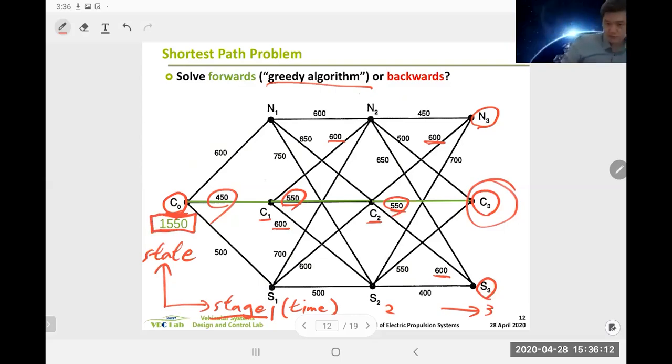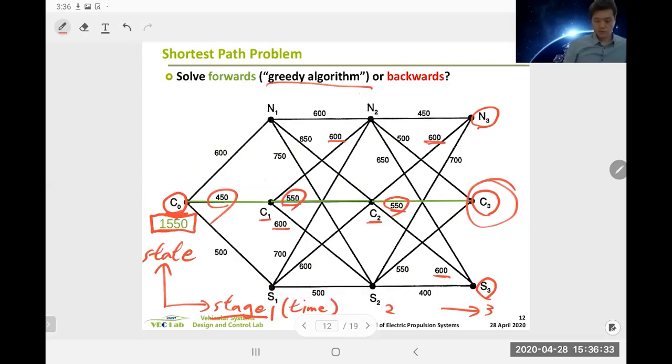Do you think this is the optimal solution? Maybe, but we don't know until we enumerate everything, right?